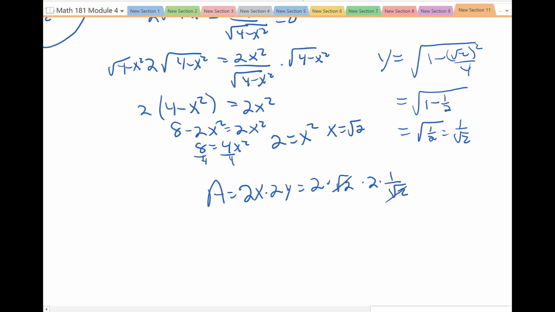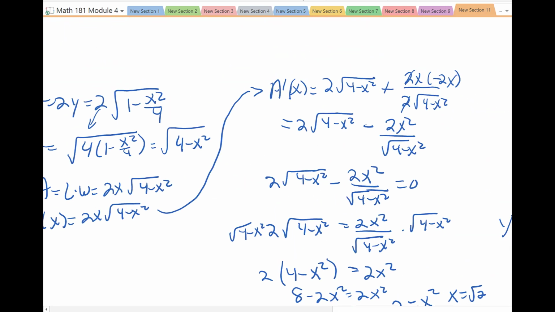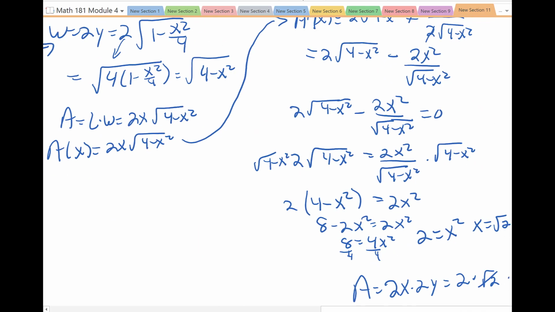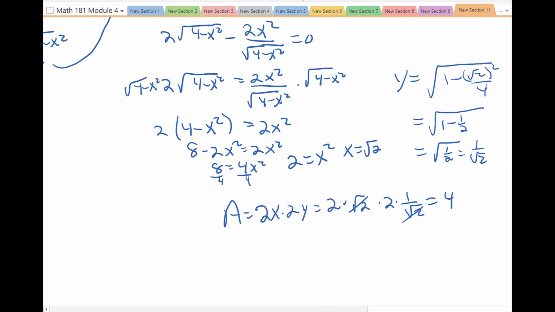So these would divide out, and we're left with 4. So 4 is the area of this figure. It's the area of this inscribed rectangle. Okay, I'm going to move on to the next one.